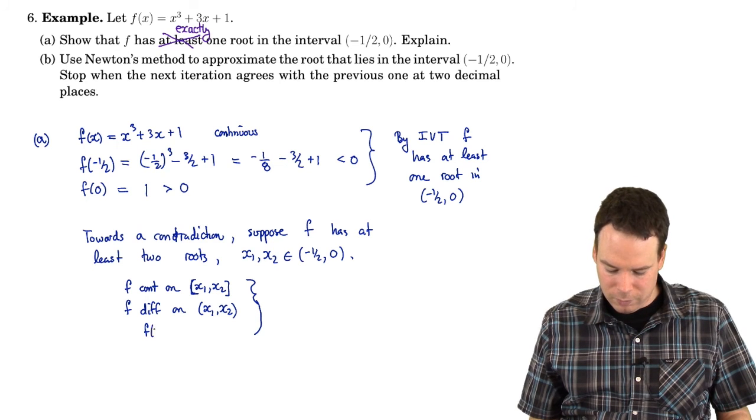We know that f of x1 is equal to 0, f of x2 is equal to 0.